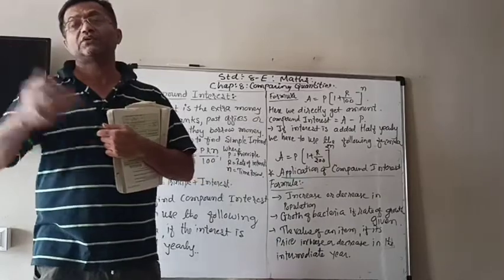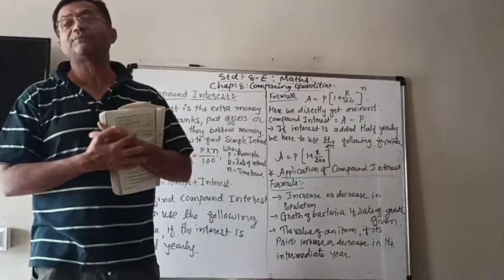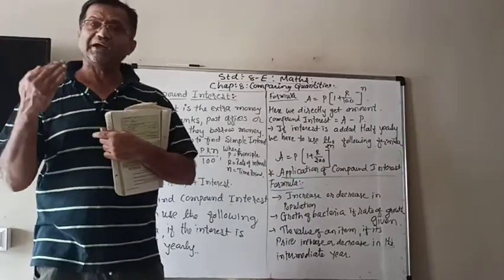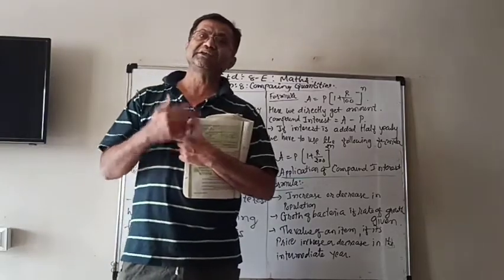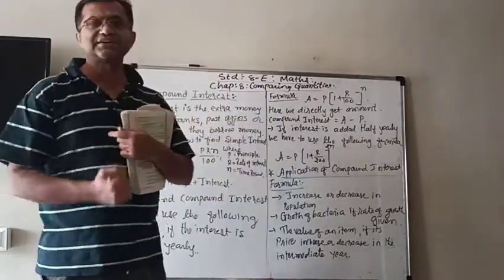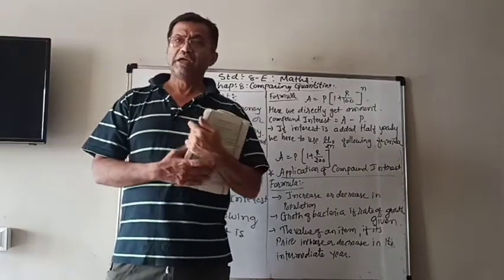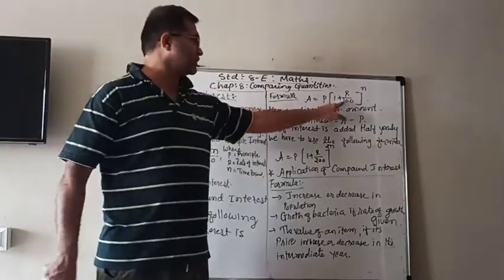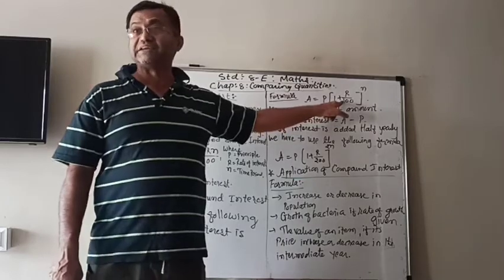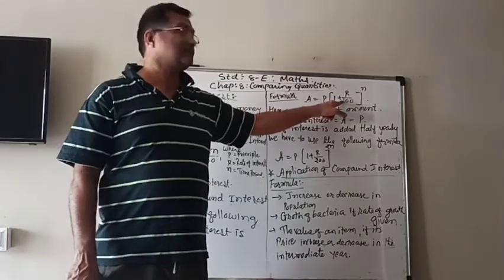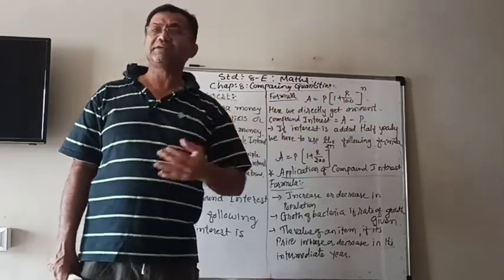Then after a few years, what will be the population? To find that population increase or decrease, we can use the same formula. If it is increasing, you have to put plus here. But if it is decreasing, in place of plus, we just replace it with minus.